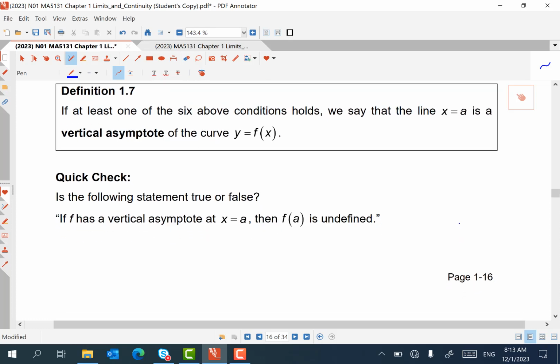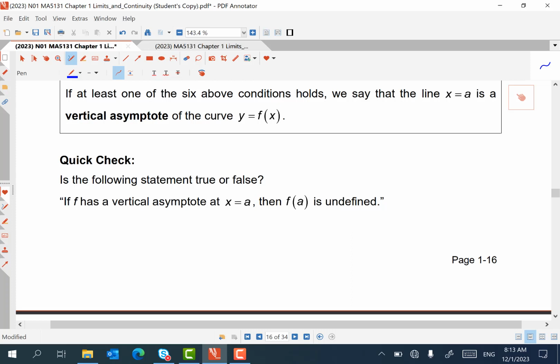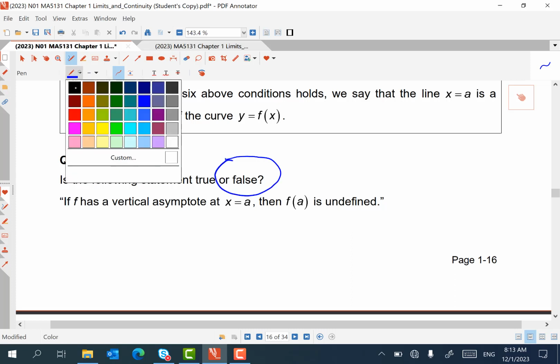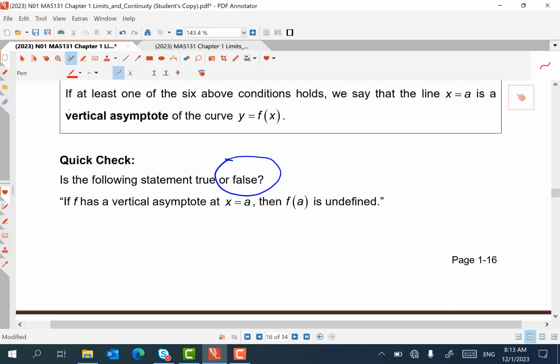Okay, this statement, class, if you do not know it, I want to tell you that this statement is actually false. Now, why is this statement false? Because it is potentially possible for you to have, right?